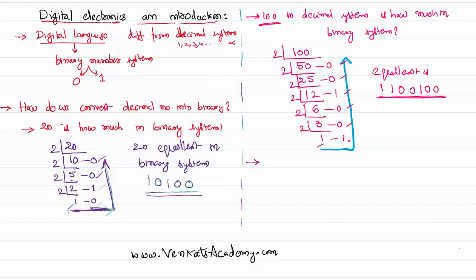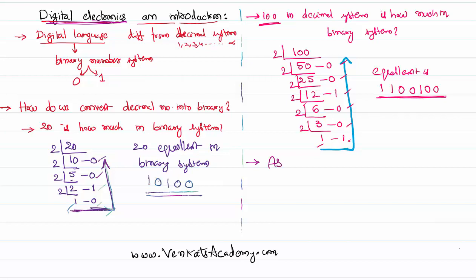Digital devices by default make this conversion. If they don't do that, the computers, the chips, the logic gates, whatever you are talking about, won't be able to understand decimal numbers. They will be able to understand everything only in terms of zeros and ones.